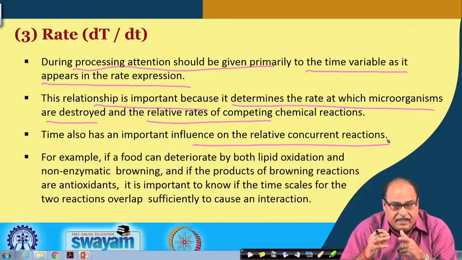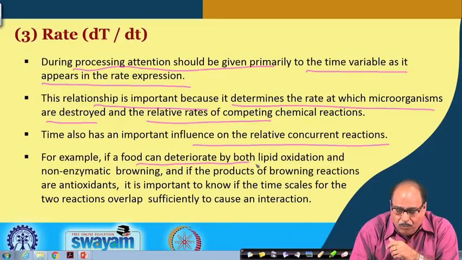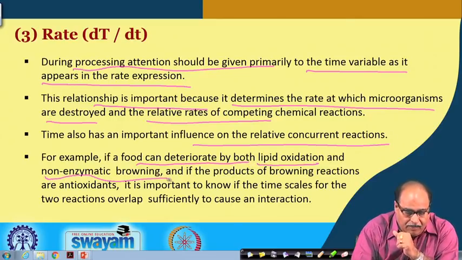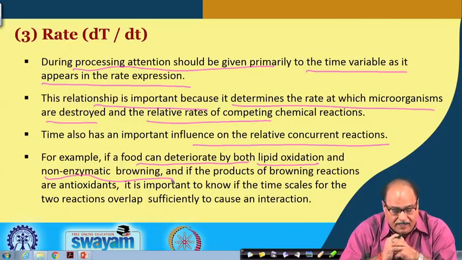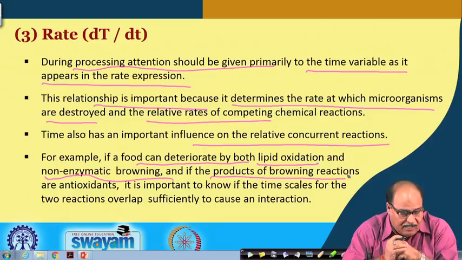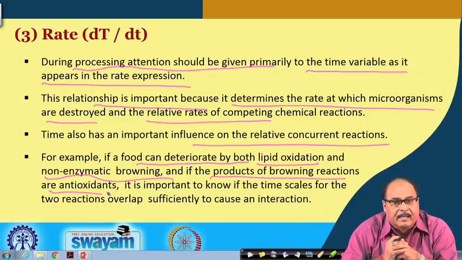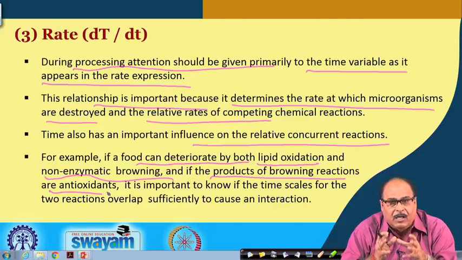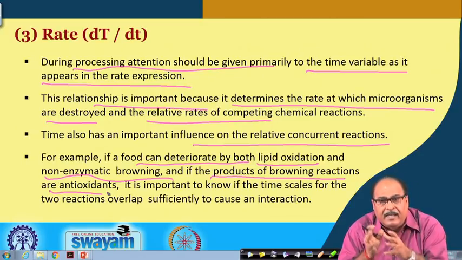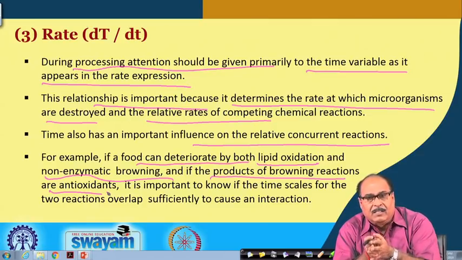For example, a food can deteriorate both by lipid oxidation and by a non-enzymatic browning reaction, and the products formed as a result of browning reactions may be antioxidants.